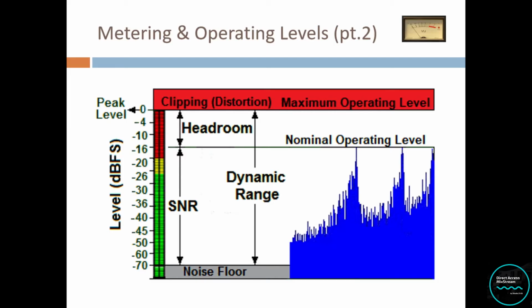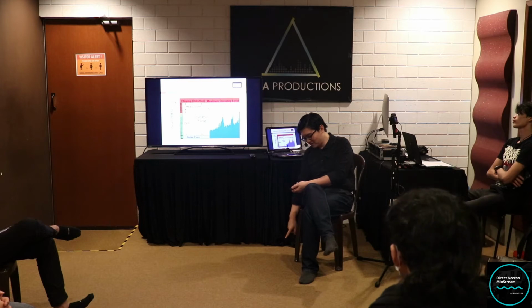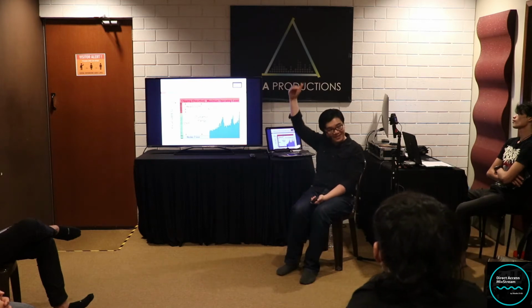Here is a diagram to explain and describe all these different terms. The first one was dynamic range. Dynamic range is from your lowest level, which is your noise floor, up to your maximum operating level, above which you get clipping and distortion. So dynamic range is from your floor to your ceiling, in your analogy.